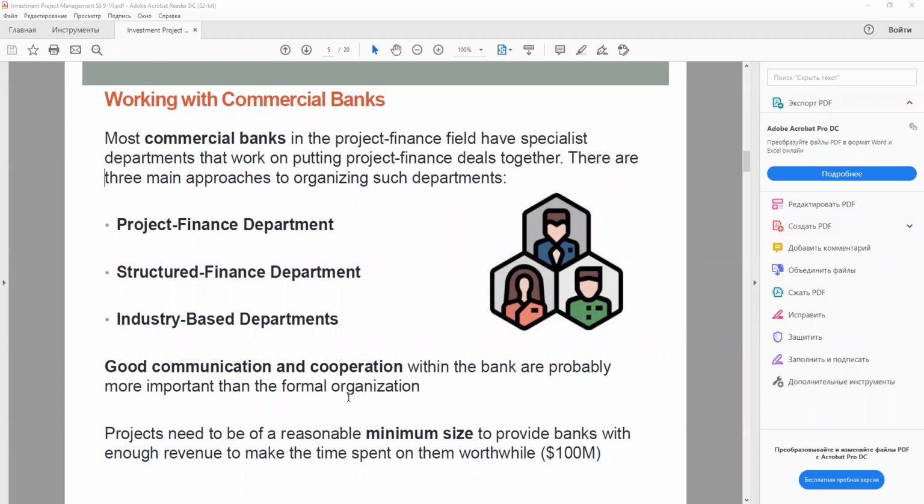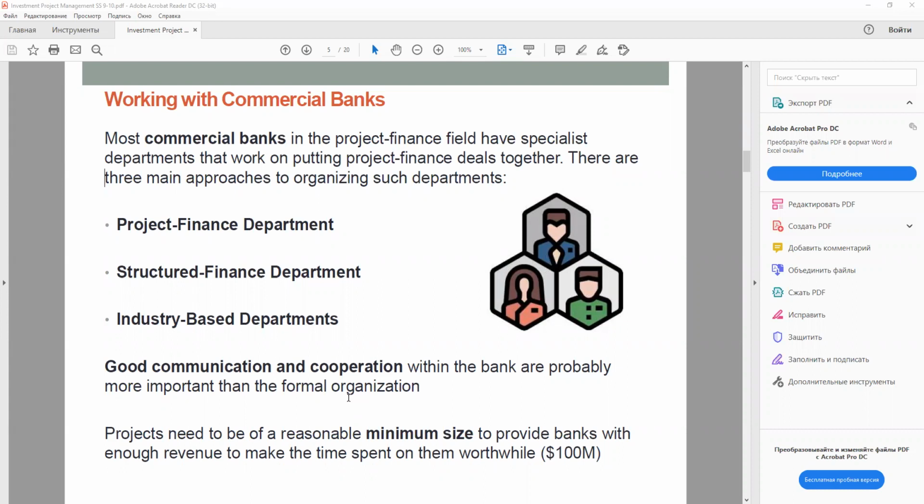Larger departments are divided into industry teams covering sectors such as infrastructure, energy, and natural resources. Concentrating all the project finance expertise in one department ensures an efficient use of resources and good cross-fertilization, using experience of project finance for different industries. However, it may not offer clients the best range of services.